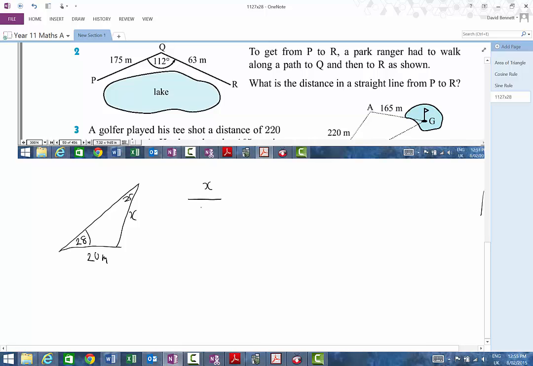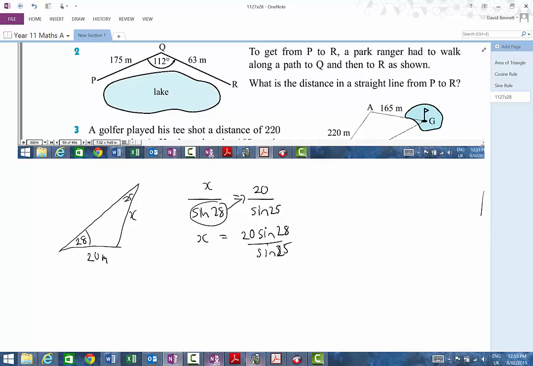So x over sine 28 is equal to 20 metres over sine of 25. We're expecting the side to be a bit longer than 20, aren't we? So x, now you have to just bring that up to the top line, equals 20 sine 28 all over sine 25.